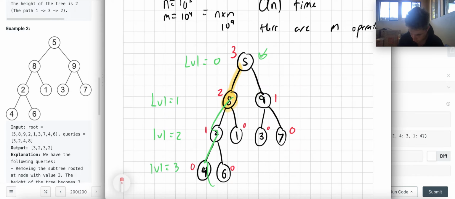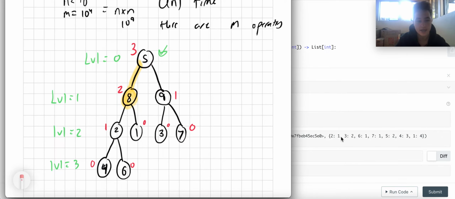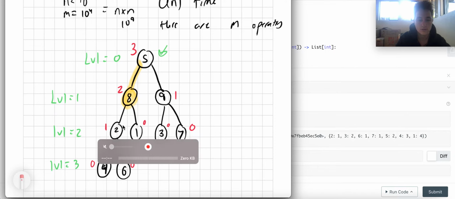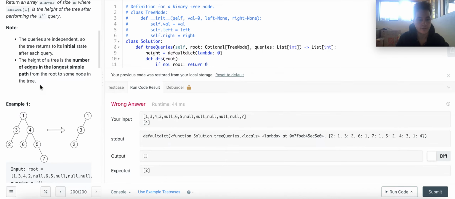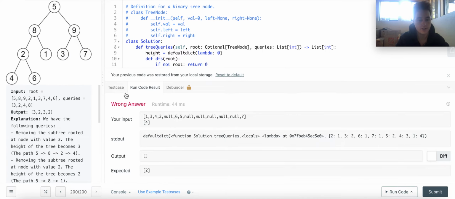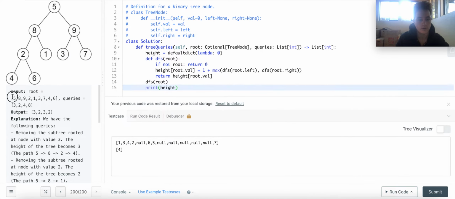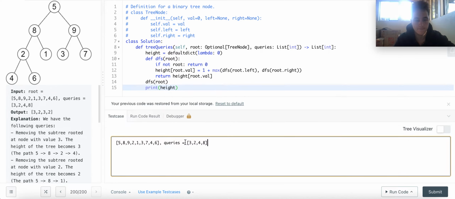So we have 2 has height 1, 3 has height 2, 6 has height 1. Oh, I think it's referencing this example. Okay, so let's change the input to this because that was the example we were working with.